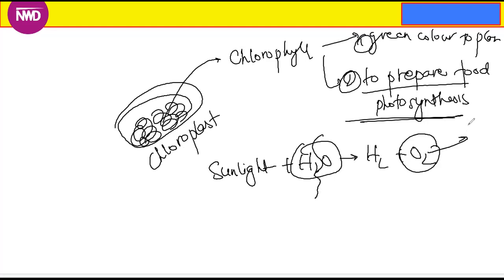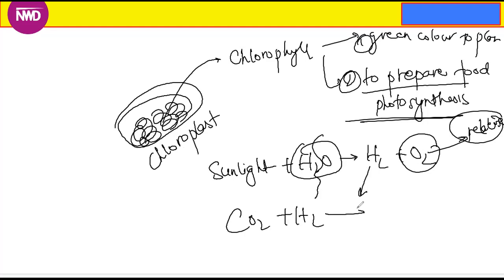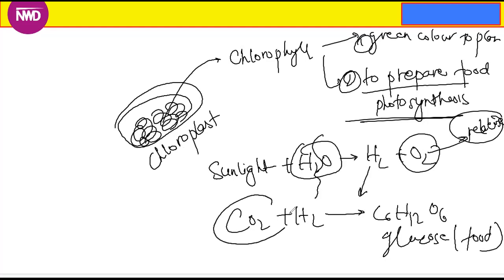This O2 will get released in the atmosphere, and this H2 plus CO2 will make C6H12O6, which is nothing but glucose, or food of the plant. Then you'll say, from where have we got CO2? The plant takes it from the atmosphere. I hope this concept is clear to you.